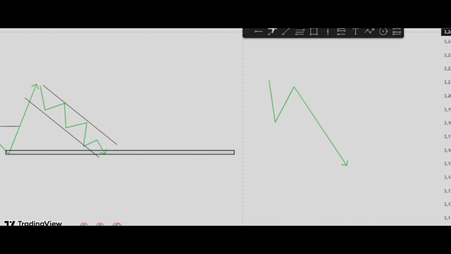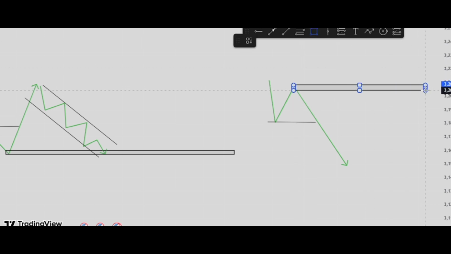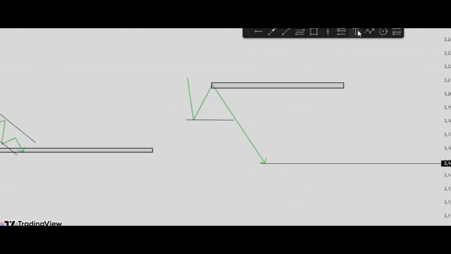So what you do, you mark the break of structure, and then you mark your supply zone, and then you wait for the market to retrace. As the market is retracing, you come here, you place the high, and then you wait for the market to retrace. Let's say in this case the market retraces, giving us a reversal flag.